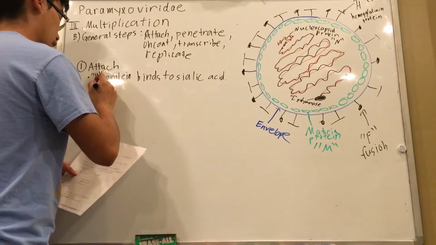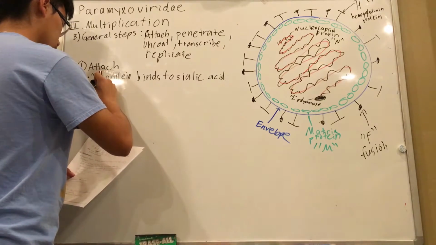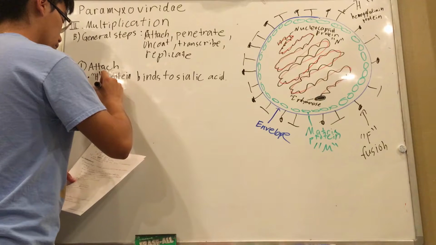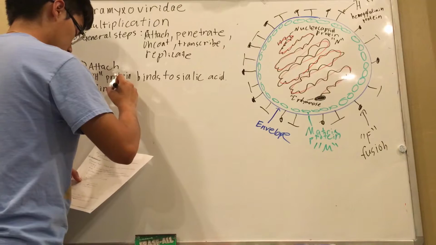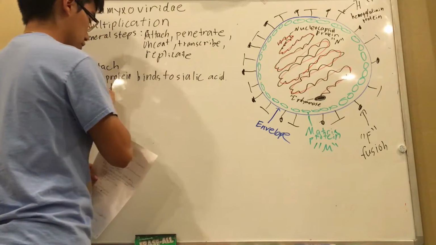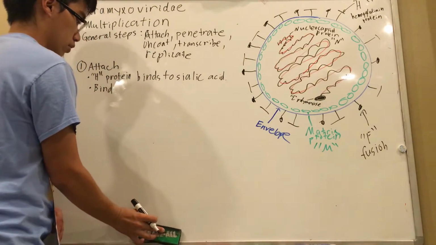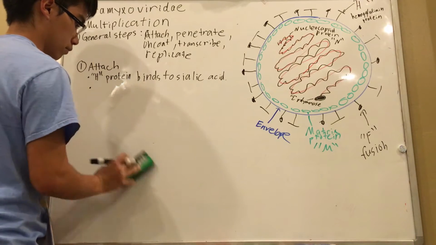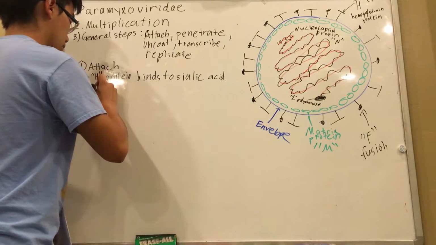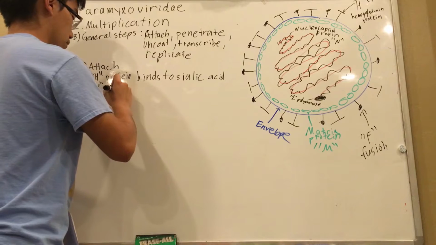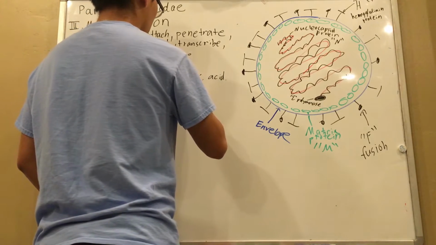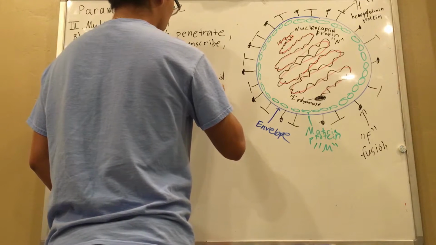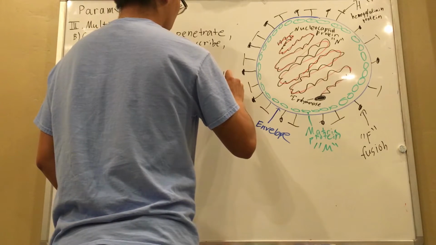All right. So in addition to sialic acid, you can bind the H, also bind these receptors.